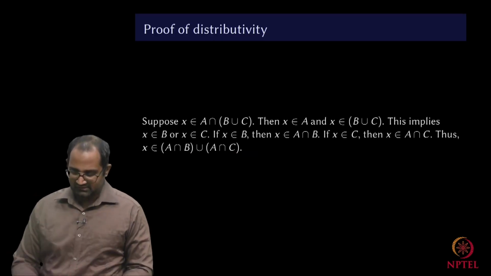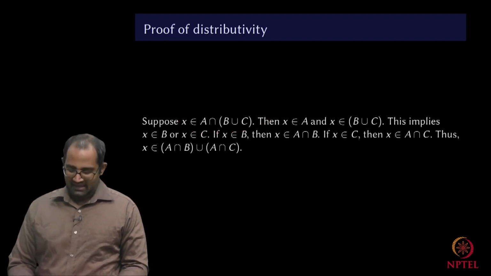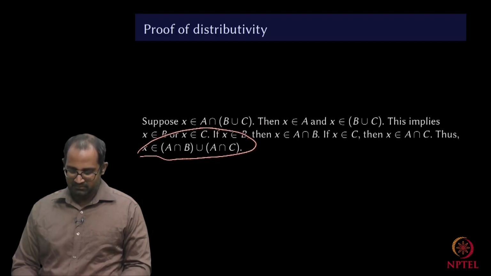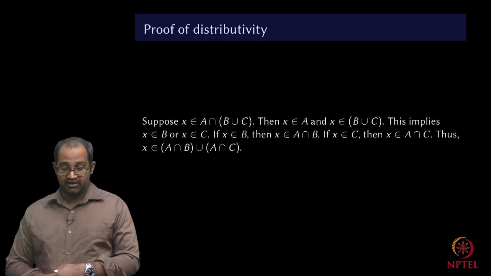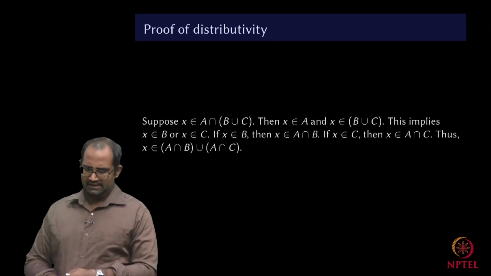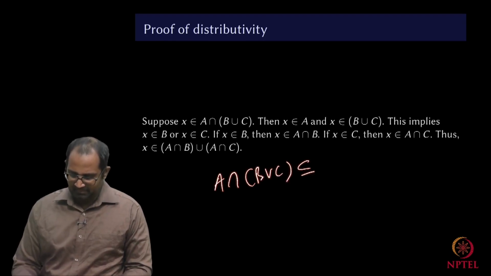So, we have shown that starting with an x in A intersection (B union C), that same x is in (A intersection B) union (A intersection C). Have we proved the distributivity law? No, not technically. What we have really shown is that A intersection (B union C) is a subset of (A intersection B) union (A intersection C).